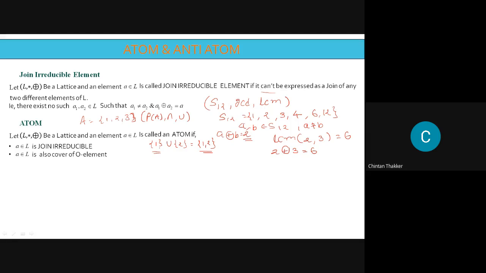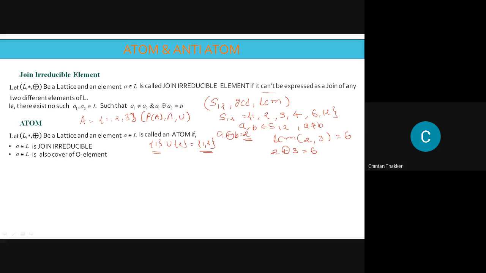Now the next definition is of atoms. A is called an atom if it is join irreducible, that means it cannot be written as a LUB of two different elements, and also A is a cover of the zero element.